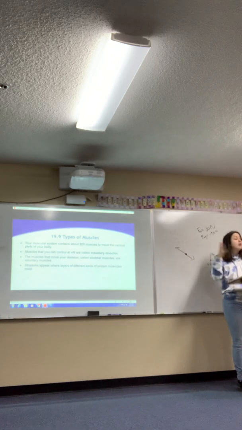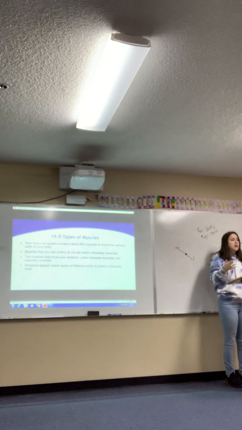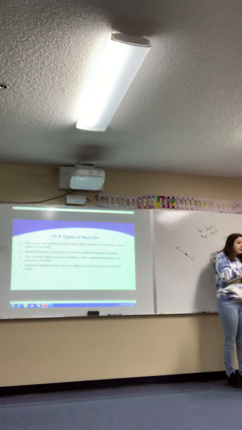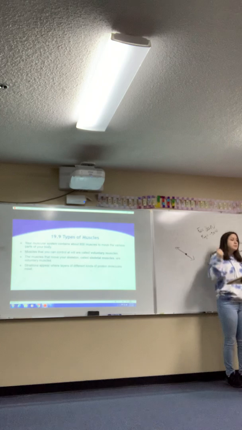So we have skeletal tissue, and all skeletal tissue is going to look the same. And then we have muscular tissue, and we have different kinds of muscles. We have your skeletal muscles, you have your cardiac muscles, you have your smooth muscles. But each kind of muscle does a different job. Your skeletal muscle helps move your bones. Your cardiac muscle has to be really strong, right? Because it's pumping all that blood.